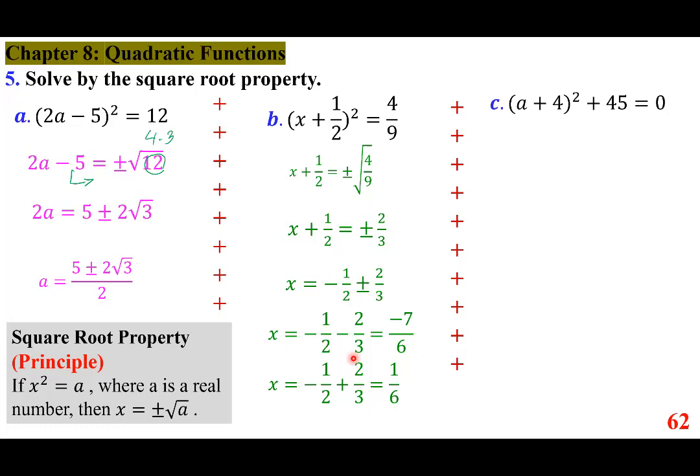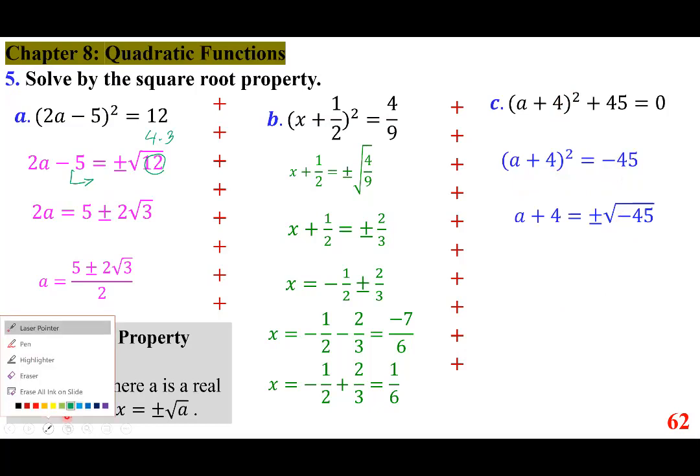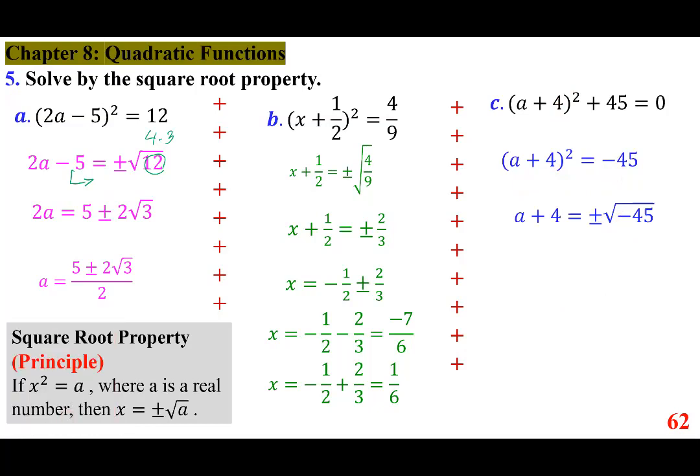How about this one? Again, because of the format, we can use the square root property by moving the 45. We take a root, the left side comes out of the square and goes away, and the right side becomes plus minus square root of negative 45. Now, how do we deal with that? This thing is the product of negative 1, 9, and 5.